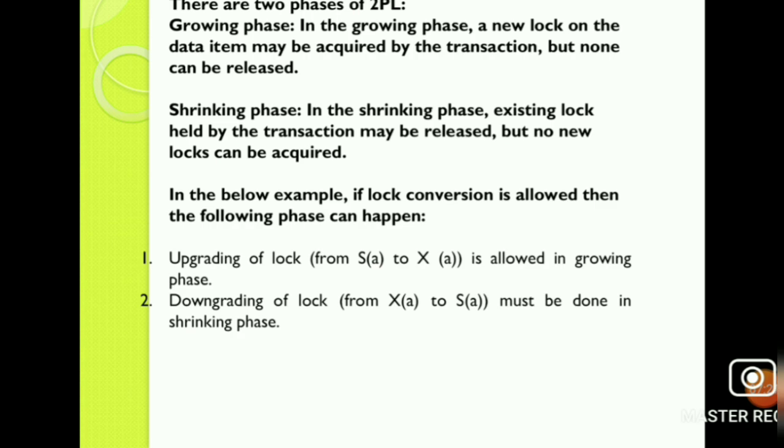Then after the transaction is completed, the locks will be released one by one. That is called the shrinking phase. Upgrading of locks is allowed in the growing phase. Downgrading of locks is allowed in the shrinking phase.